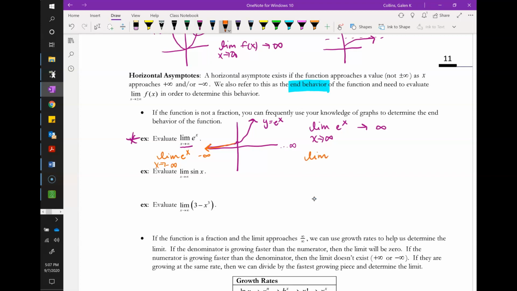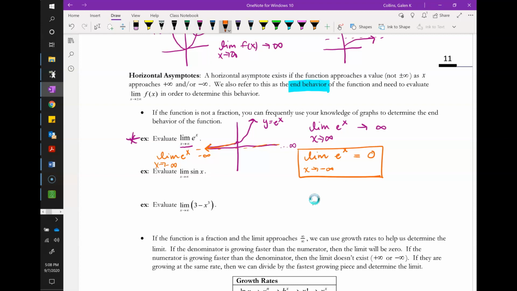So just with my knowledge of the function e to the x, and it's one of the more important functions we'll work with this year, so we need to know this about it. As x approaches negative infinity, there is a limit there. There is a horizontal asymptote at y equals 0, so the limit is 0. And we use an equal sign because 0 is a number, whereas infinity is not.